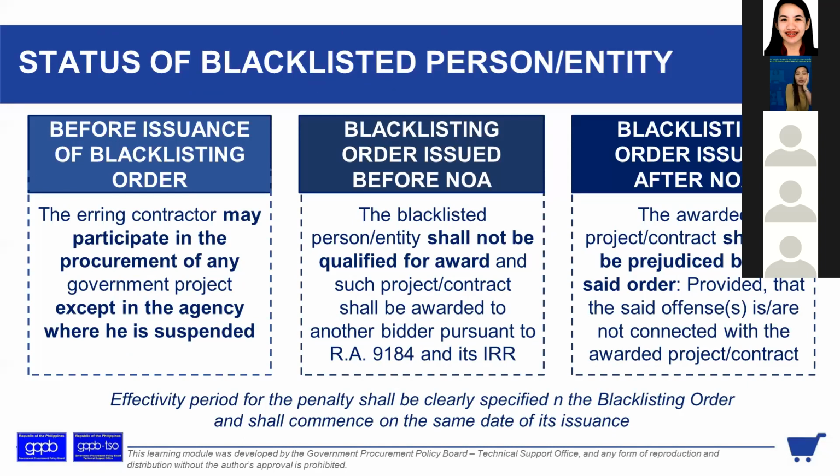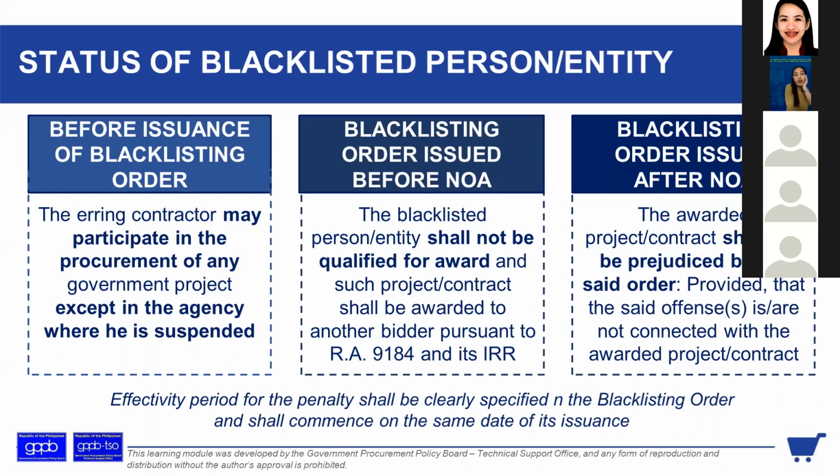What will happen to him? Before issuance of blacklisting order, suspended pa lang siya. So, hindi siya pwedeng mag-participate sa procurement activities ng procuring entity, but he can still participate in the procurement activities of other government agencies.